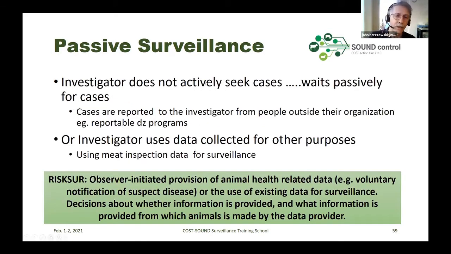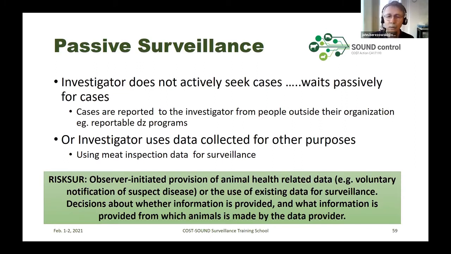Passive surveillance is when the investigator doesn't actively seek cases. We just wait passively for the cases to appear. So cases are reported. The first and the most common and the easiest passive surveillance programs are reportable disease programs. So we do things, but we don't define which cases are reported.